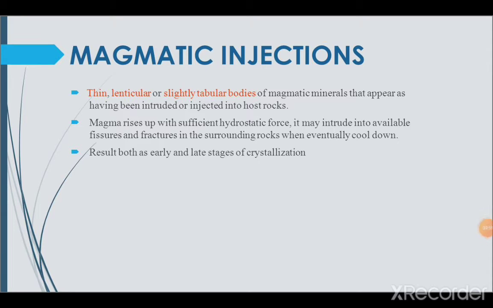The magmatic injection deposits are thin, lenticular, or slightly tabular bodies that appear as having been intruded or injected into host rocks. They are formed at both early and late stages of crystallization.